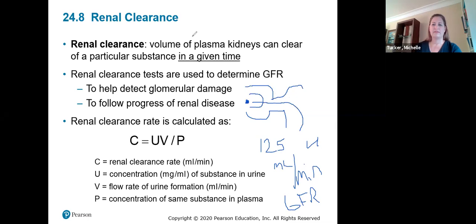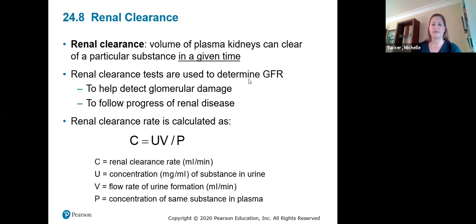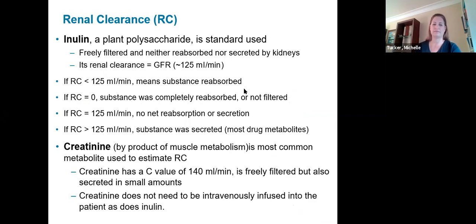If kidneys are functioning well and as expected, the clearance of inulin would be equivalent to glomerular filtration rate. So it would equal 125. If it is lower, then a substance is being reabsorbed or not filtered properly.